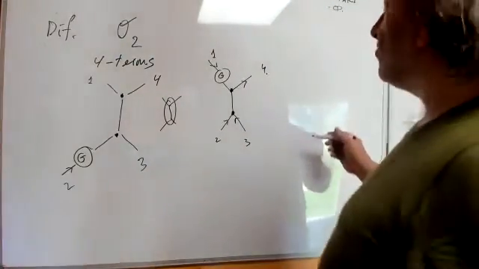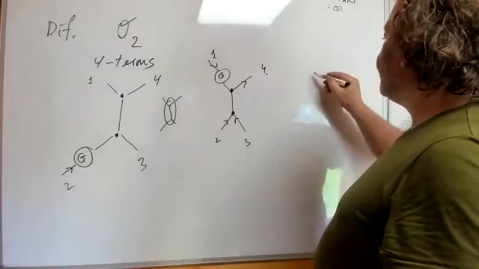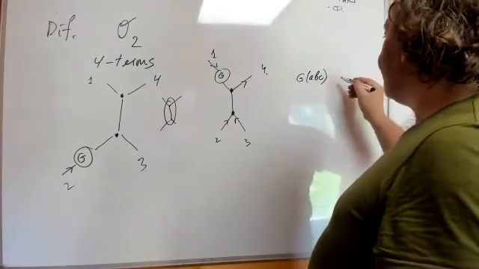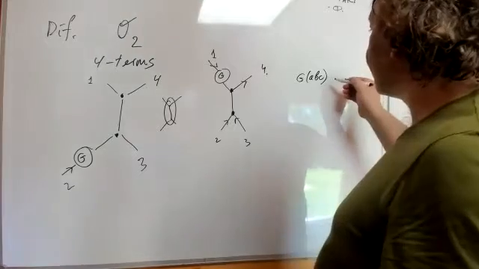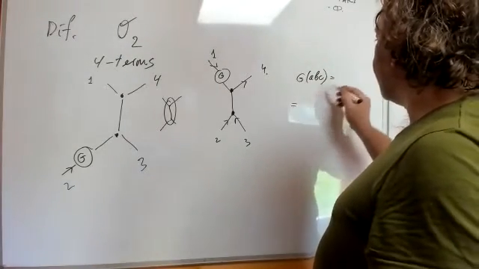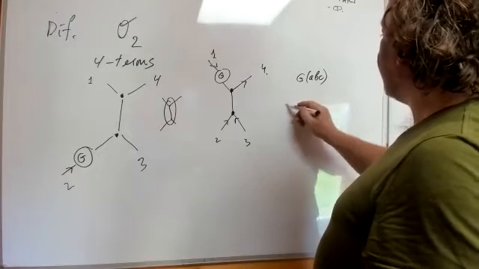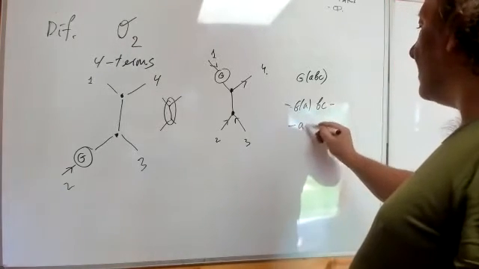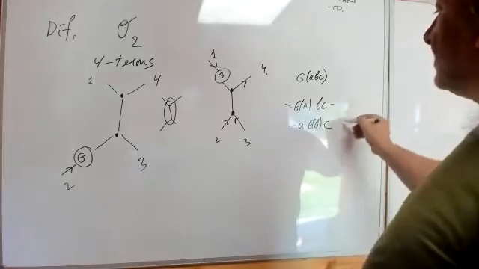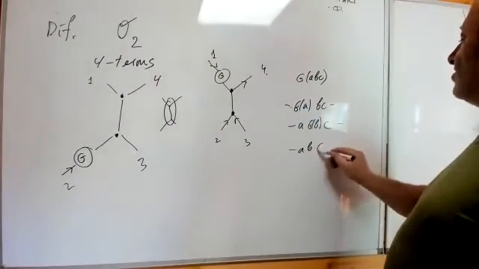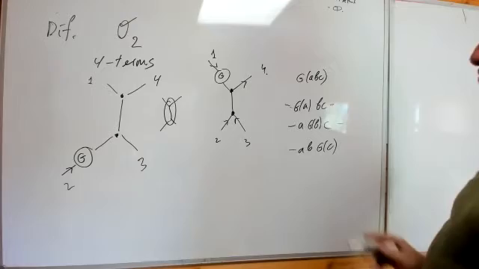So these 4 terms are something like O(A,B,C) minus O(A,B)C, minus A O(B,C), minus AB O(C), and so on.